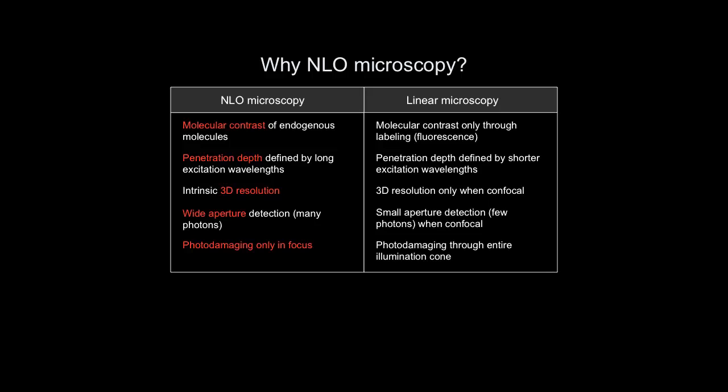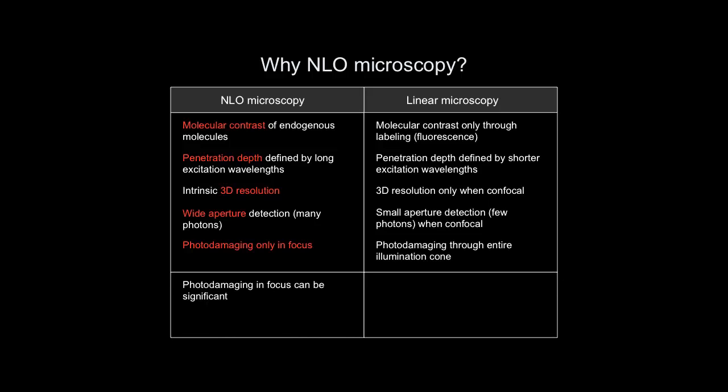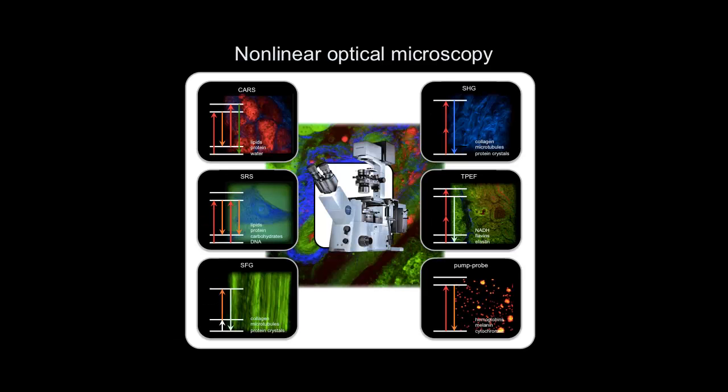Let me get to this table later. I want to explain later why this is more expensive than the linear, because of the lasers that we use. So let's get to these processes and explain the nonlinear. What exactly does it mean? We have many nonlinear optical processes that we use.